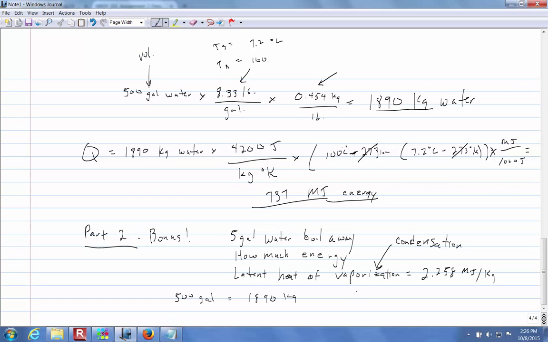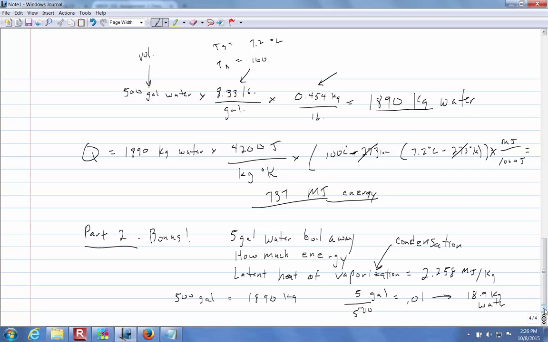For 5 gallons to 500, what's 5 over 500? 0.01. Doesn't quite do it ratio-wise, but that gives us 0.01 times 1890, 18.9 kilograms of water.